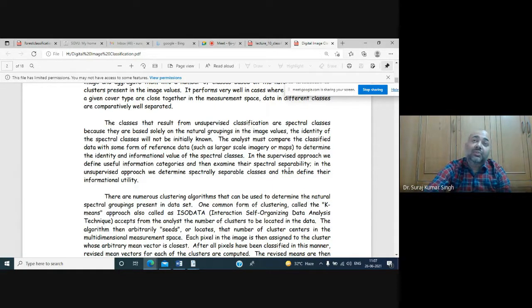If you compare with the supervised classification technique, there we provide the spectral response signature to the software, and on the basis of those spectral signatures, the image is classified.